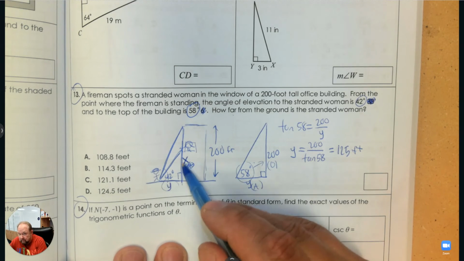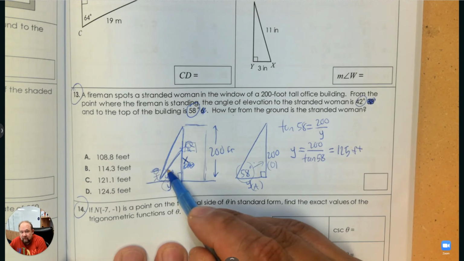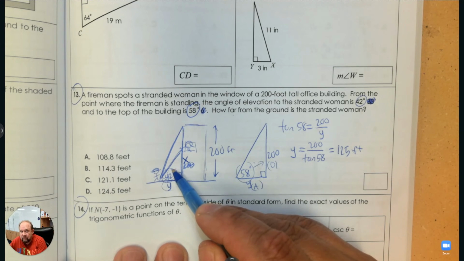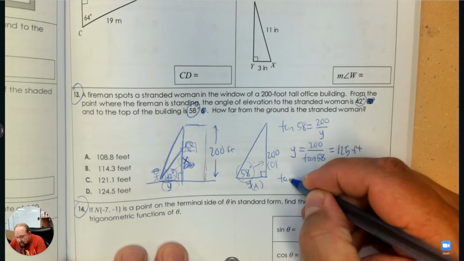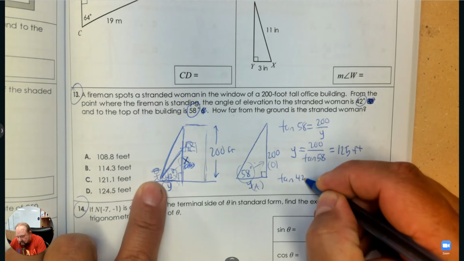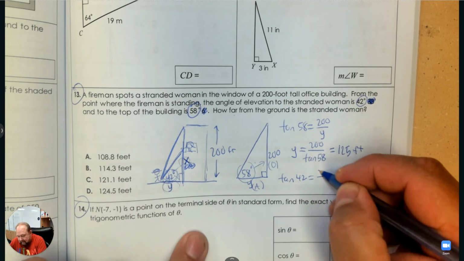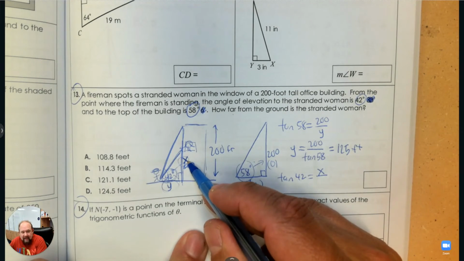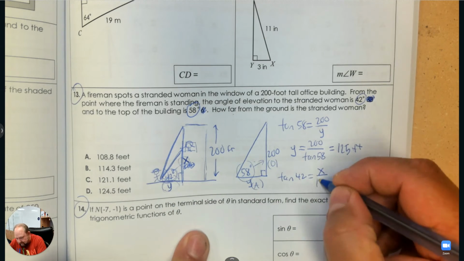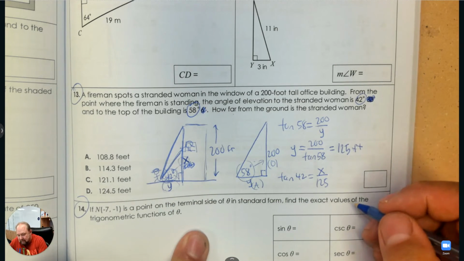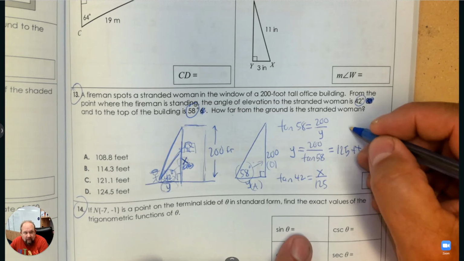Now I'm going to work on the small triangle to find what x is. Again, if I circle 42, it's opposite over adjacent. It's again tangent. But now the angle for tangent is 42, and opposite, which is x, over, now I know what y is, which is 125. To get x by itself, I multiply by 125.